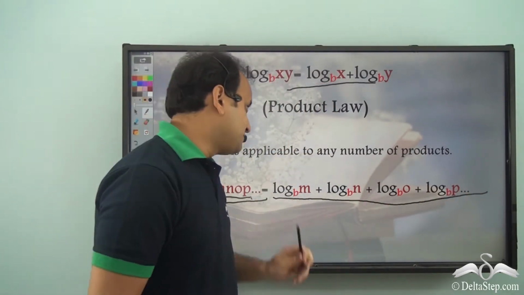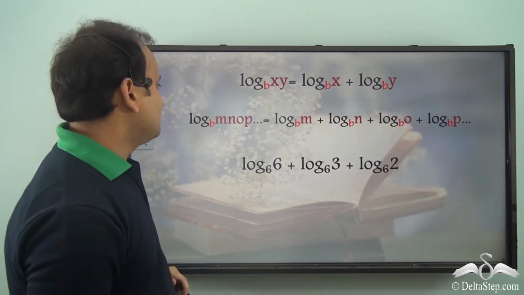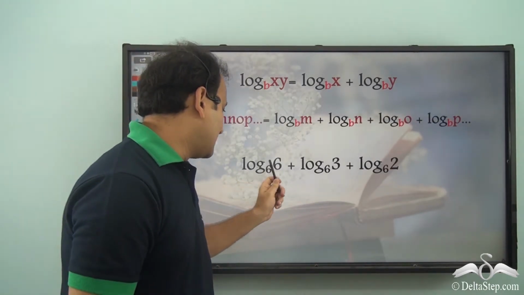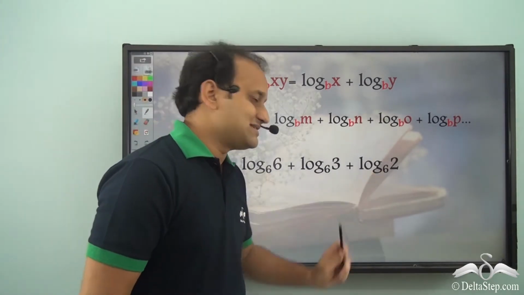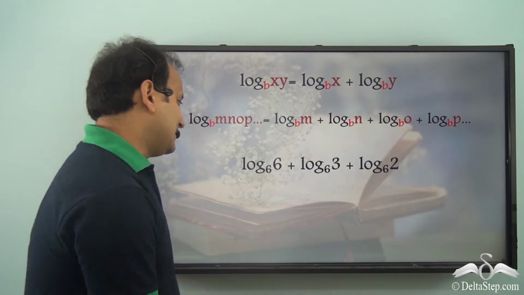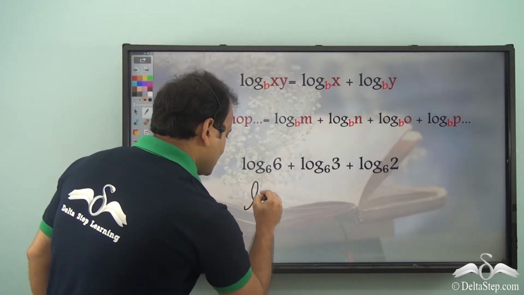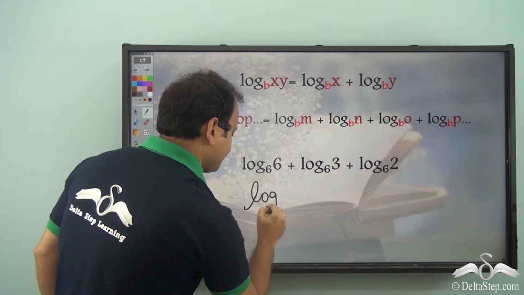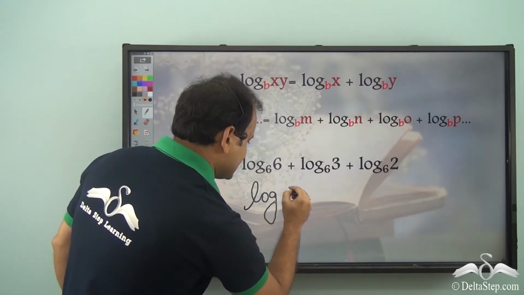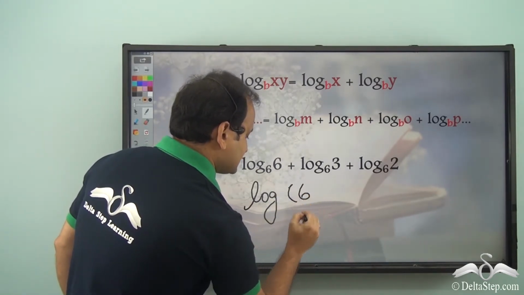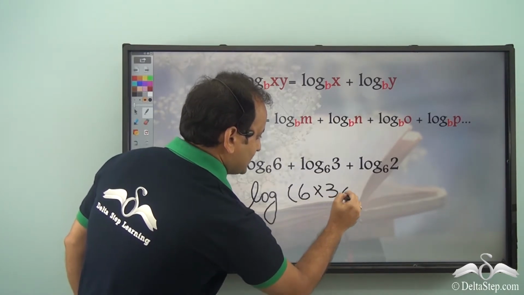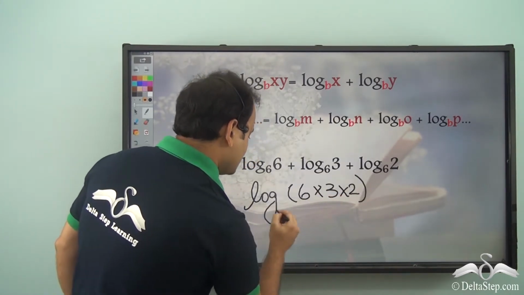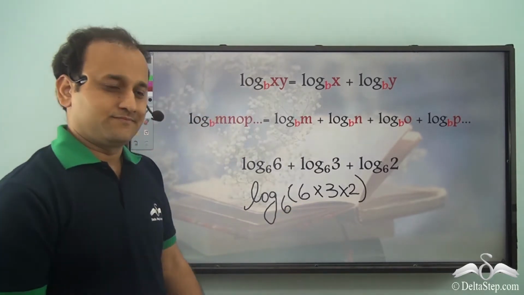So applying this particular law, we can say that log 6 to the base 6, log 3 to the base 6, and log 2 to the base 6, if they are added, then they can be written as log 6 into 3 into 2 to the base 6.